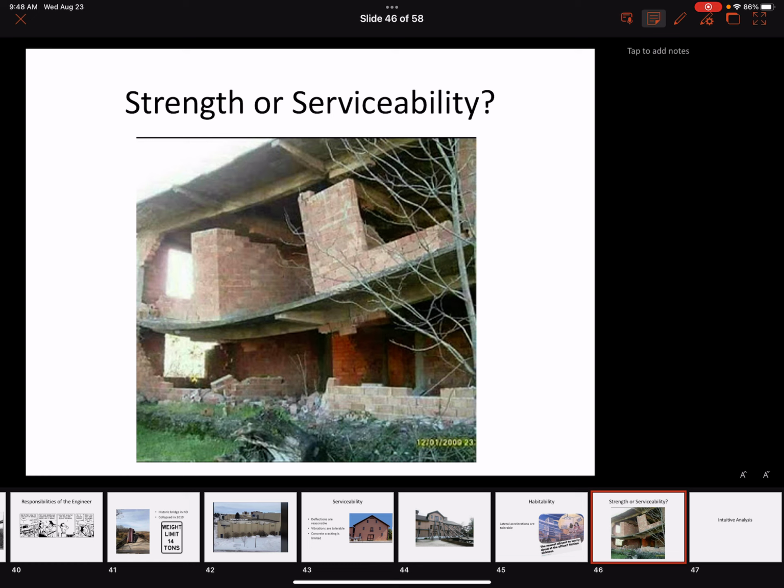Yes, both. I would say definitely strength failures. There was a wall here that has completely fallen out of plane, so this is an earthquake. You can see this wall has completely sheared off from the connection to the roof. The floor is sagging significantly, so it no longer has the support along the edge.